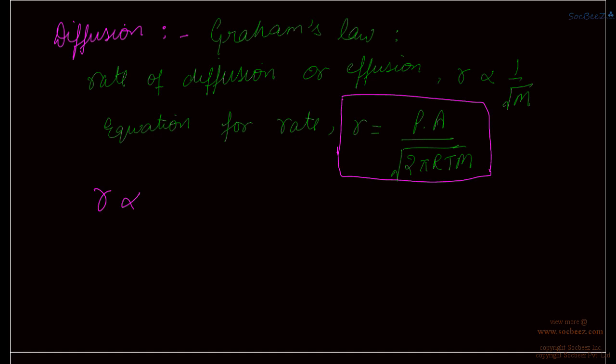So from here, you can say that R is inversely proportional to 1 upon root M, inversely proportional to 1 upon under root of temperature, directly proportional to pressure, and directly proportional to the area of that orifice.